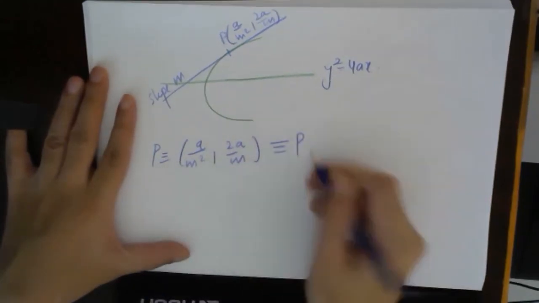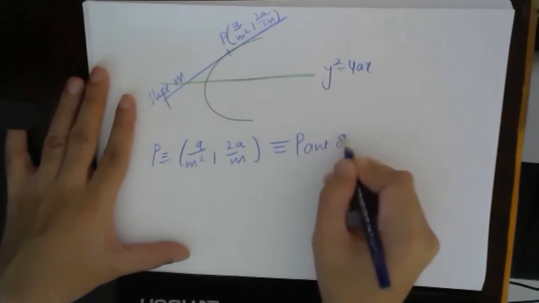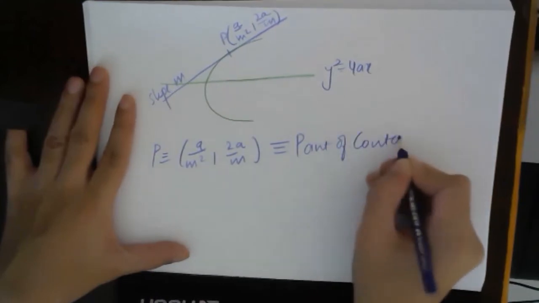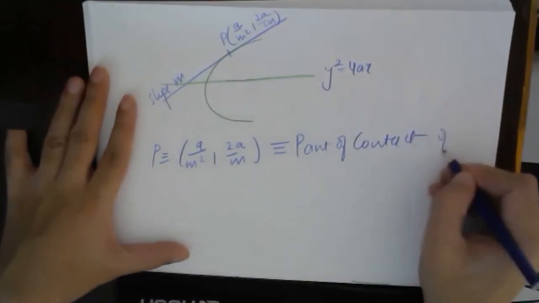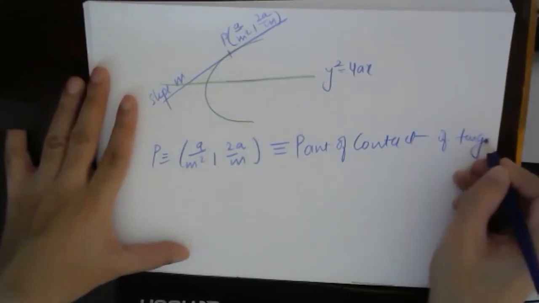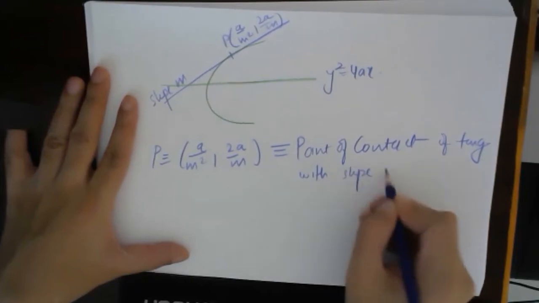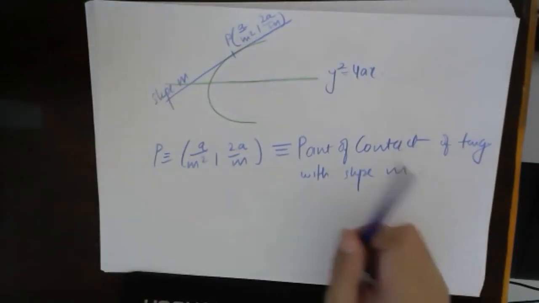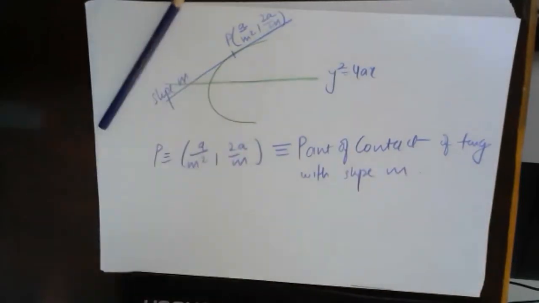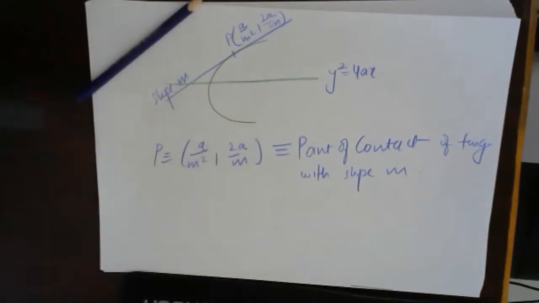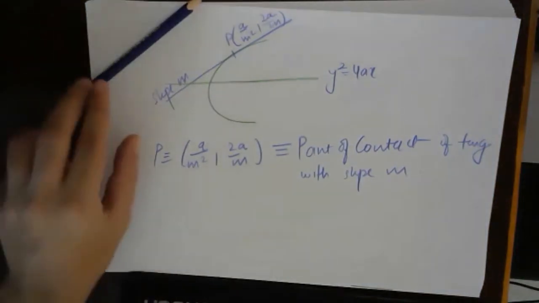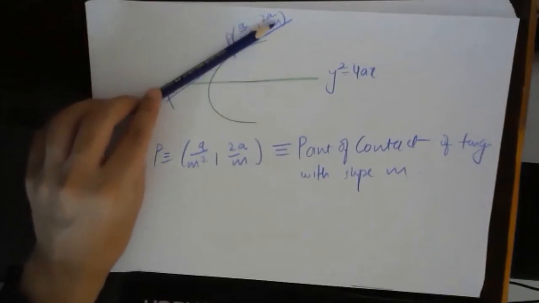This is the point of contact of tangent with slope m. So what they are saying? They are saying that there is a line whose slope is given, m. This line will be at a certain value of c.